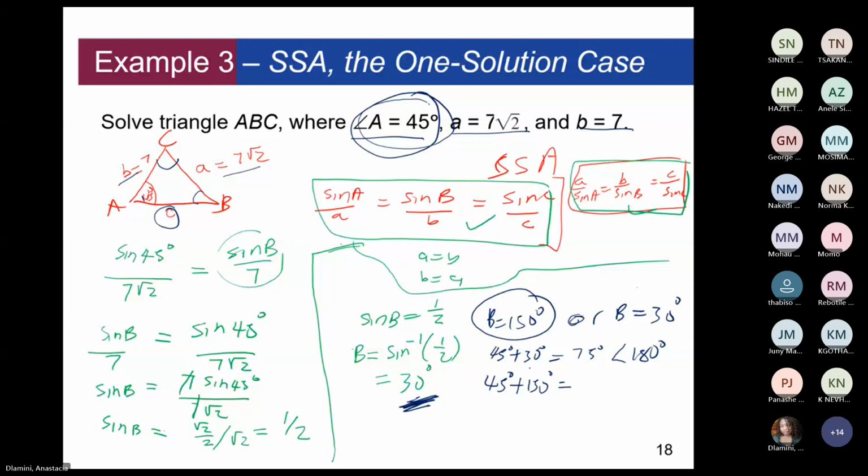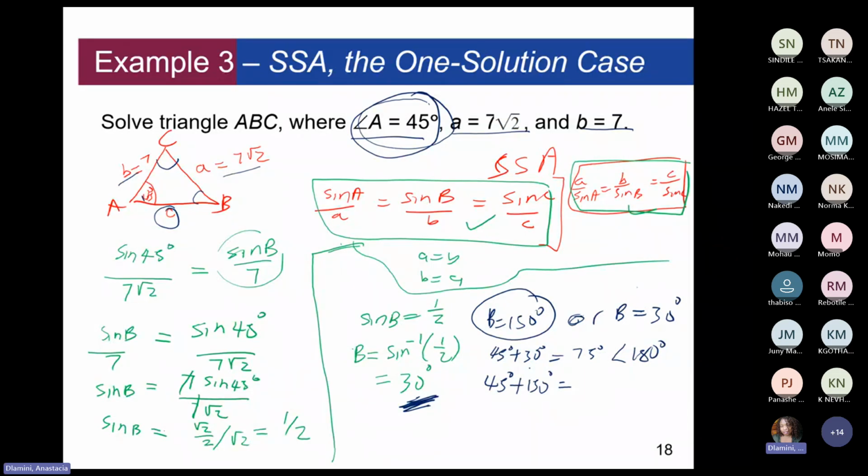Because if I say sine 150, I also get half. Do you know that? If I say sine 390, I'll still get half. If I say sine 750, I still get half.